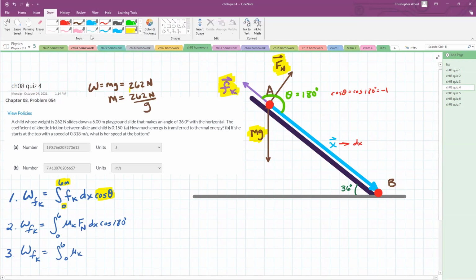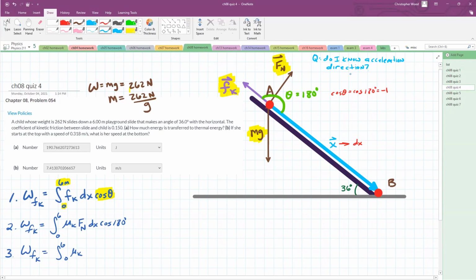Now here's a question, as far as messing with your coordinate system. Do I know the acceleration direction? Because if I do, that's going to be your guidance for setting up your coordinate systems.